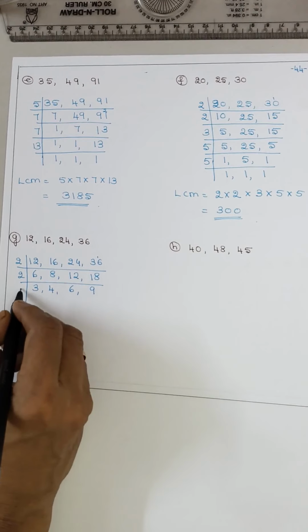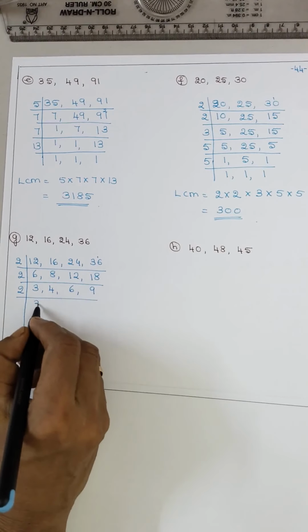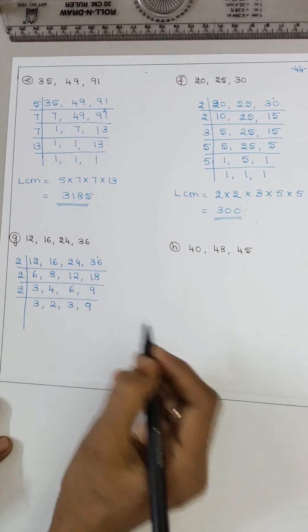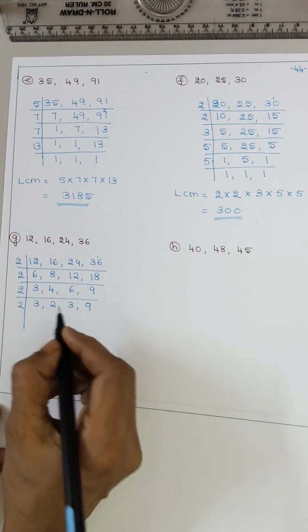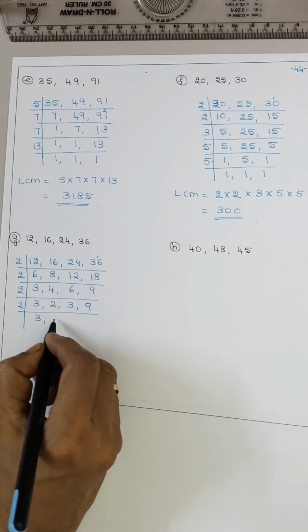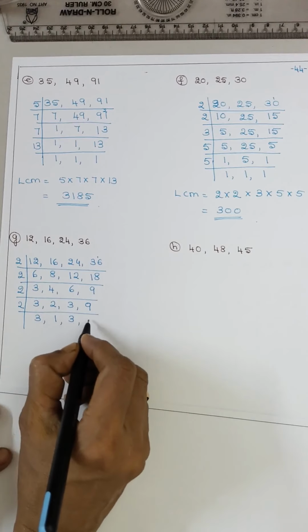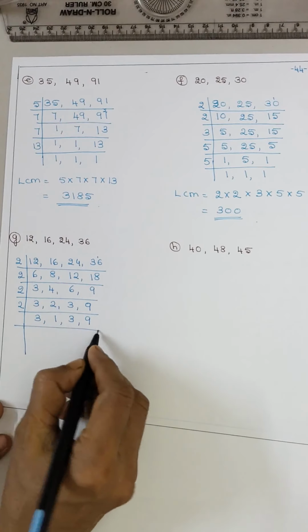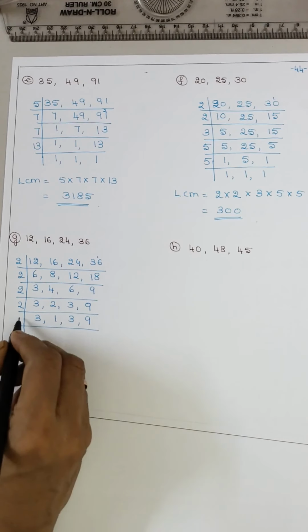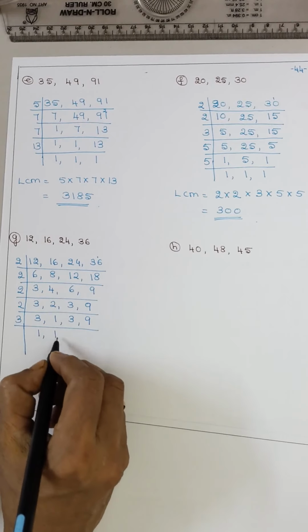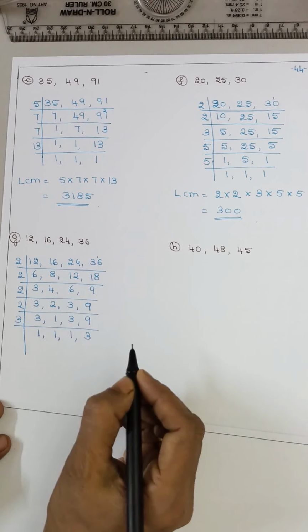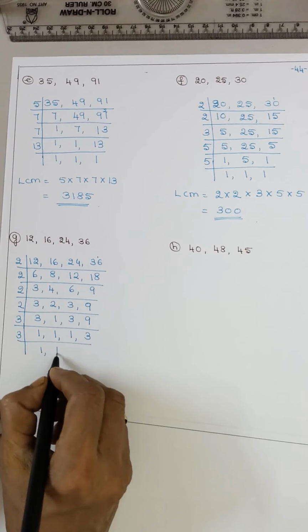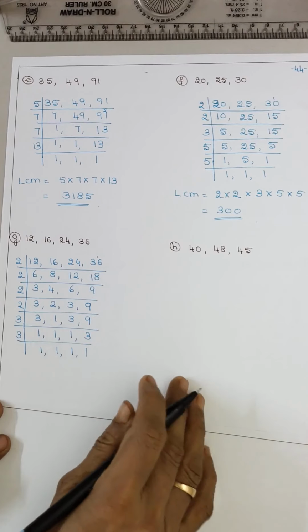Again even numbers, 2: 3 as it is, 2, 3, 9 as it is. Again 2: 3 as it is, 1, 3 as it is, 9 as it is. Now 2 over, now coming to 3. 3 1s are, 1 as it is, 1, 3 3s are 9. Now 3. 1 as it is, 1, 1, 1 3 is 3.